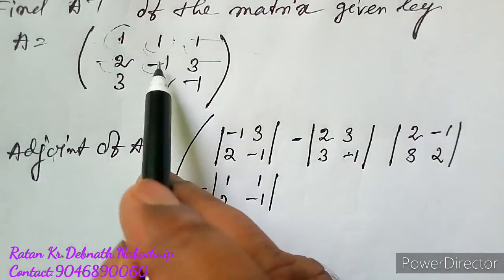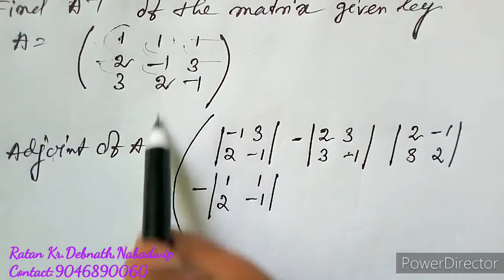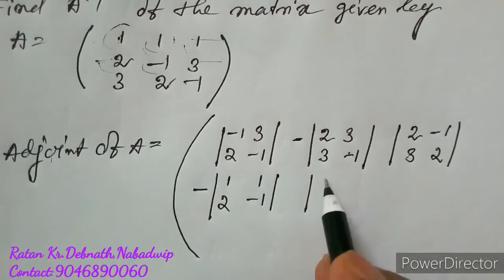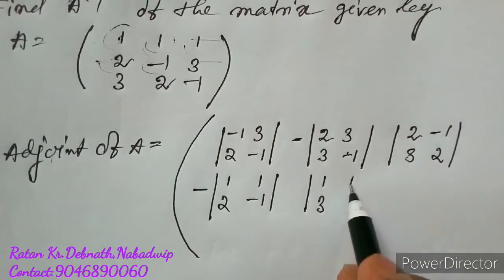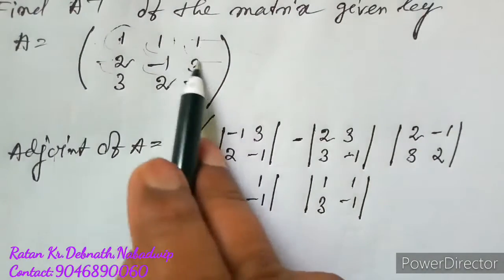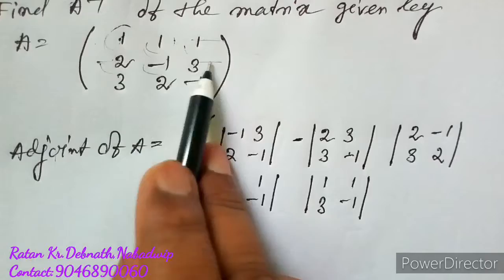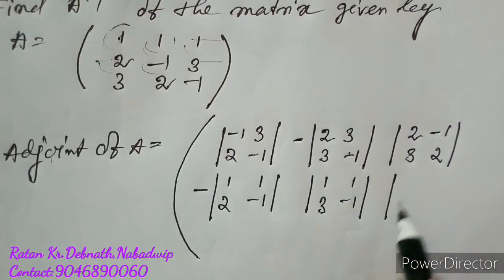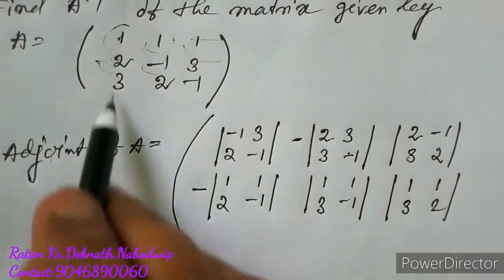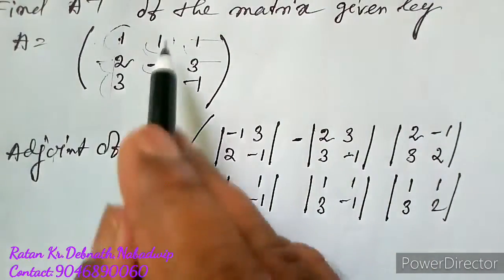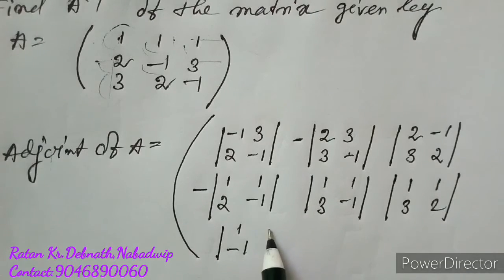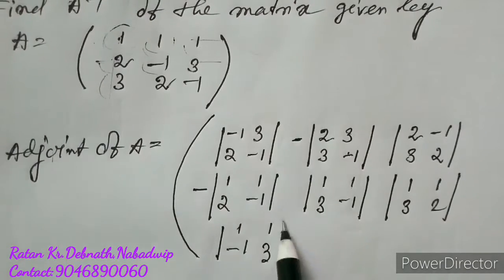Cofactor of this -1, these row suppress, this column suppress, 1, 3, 1, -1. Cofactor of these three, these row suppress, this column suppress, 1, 3, 1, 2. Now cofactor of 3, this row suppress, this column suppress, 1, -1, 1, 3.